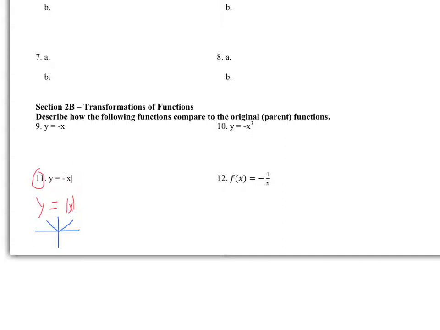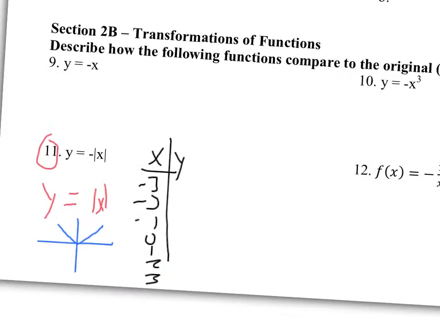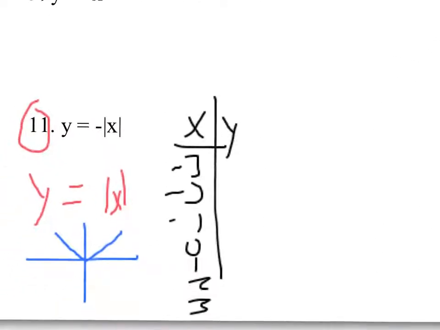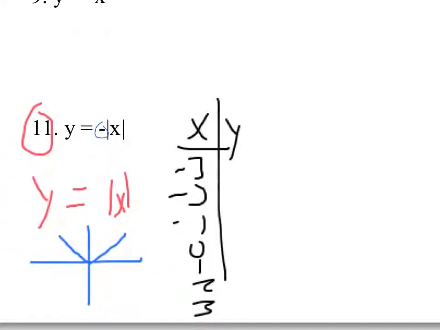Well, again, recommended to plug your numbers into a table. So -3, -2, -1, 0, 1, 2, and 3. If you do that, the absolute value of -3 is 3, but then there is this negative. So that negative makes it negative again.